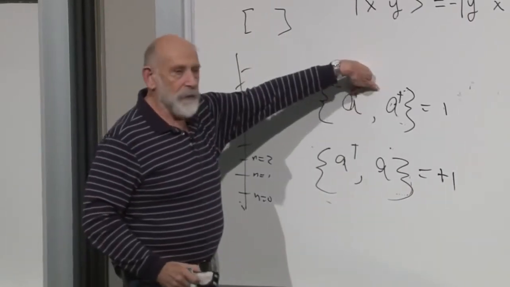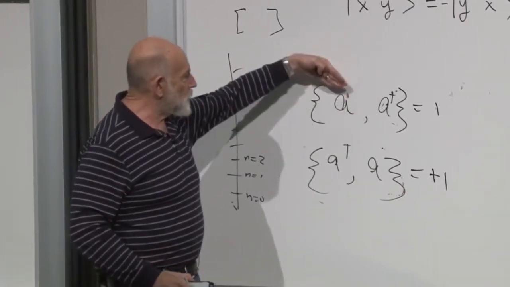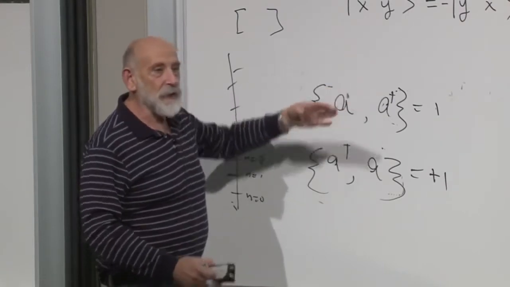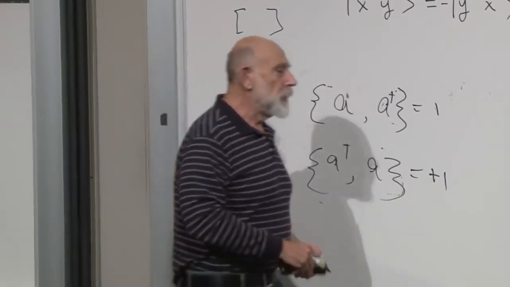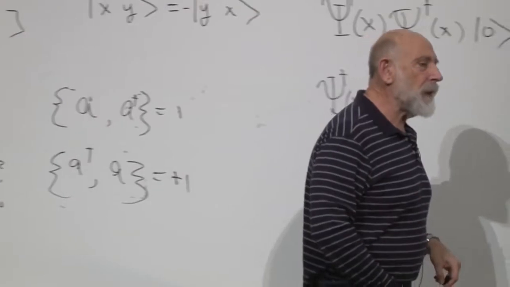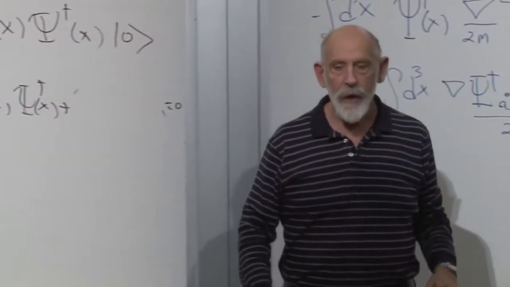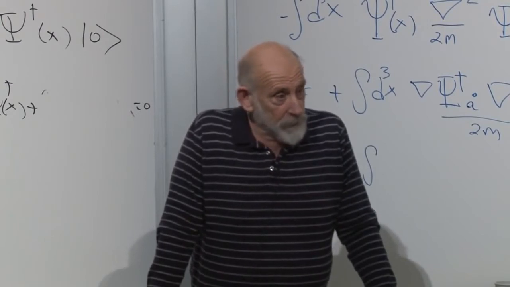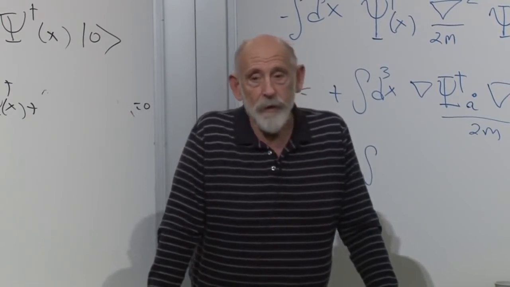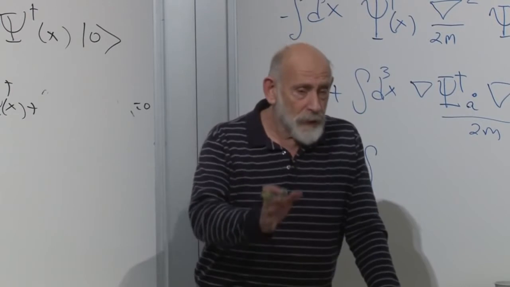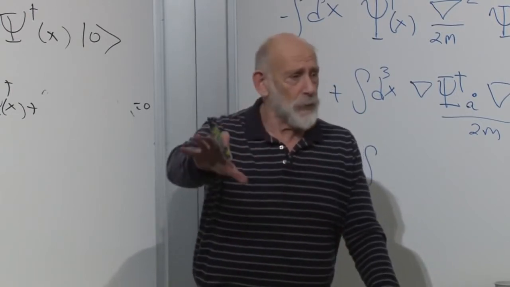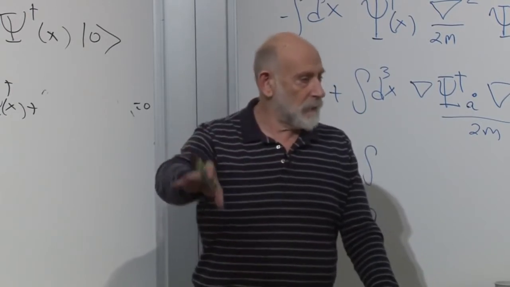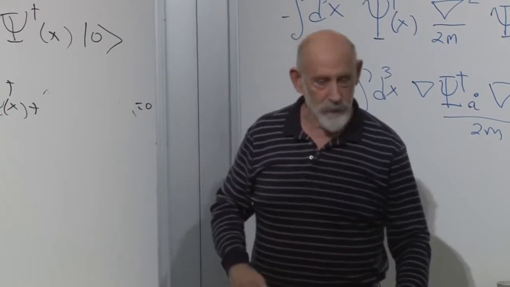Anticommutators are the same if you interchange. Why? Because this is A A dagger plus A dagger A. It doesn't matter which order they're in. So just from the mathematical structure, from the algebra, there's no difference between creation operators and annihilation operators. They do different things, it's true, but just looking at the algebra of them, you can't tell the creation operators from the annihilation operators.